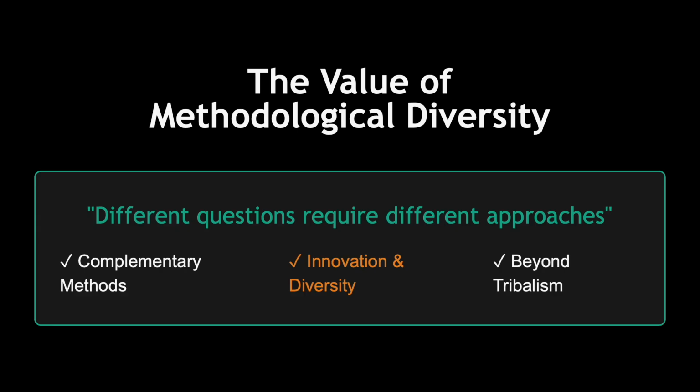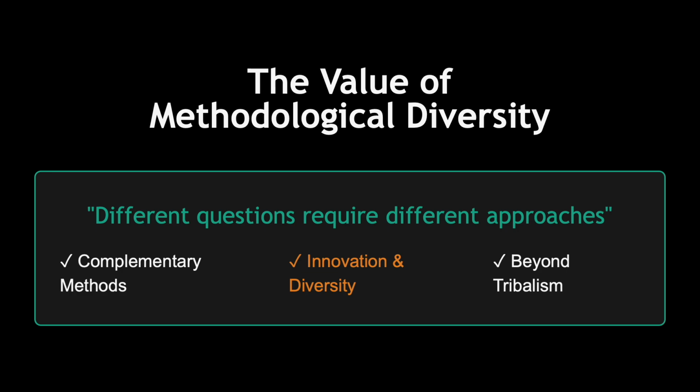The value of methodological diversity cannot be overstated in our current research landscape. As this slide emphasizes, different questions genuinely require different approaches. There's no single best method that works for all research problems.